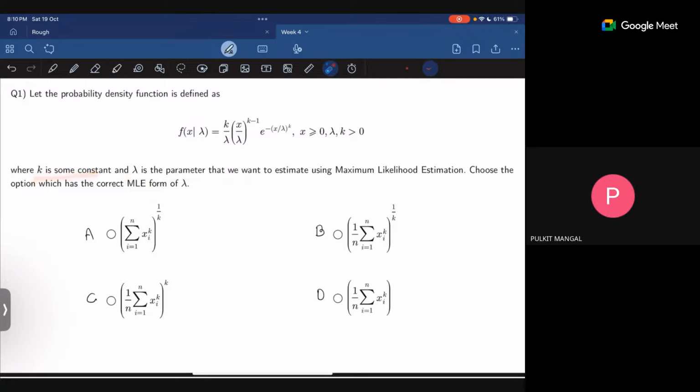Treat k as some constant value. We have to estimate lambda using MLE. So which of the following options has the correct form for lambda MLE? I have created one poll. Try answering that in the poll. Which option do you think is correct?